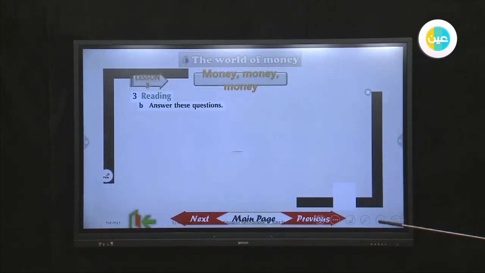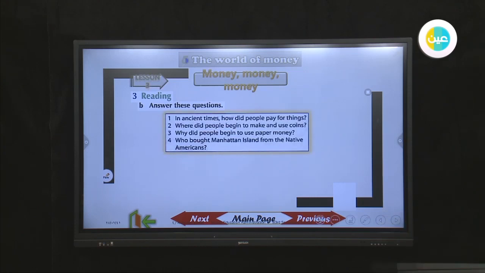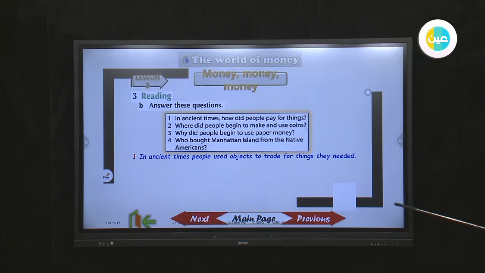We will discuss the answers now. For the first one, in ancient times, how did people pay for things? Number 1, in ancient times, people used objects to trade for things they needed. Number 2, where did people begin to make and use coins?